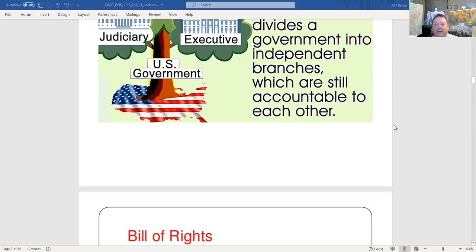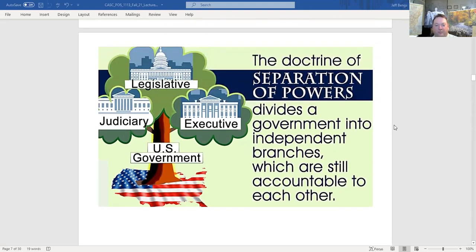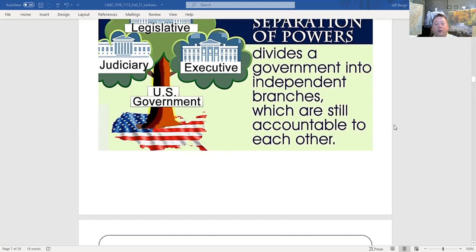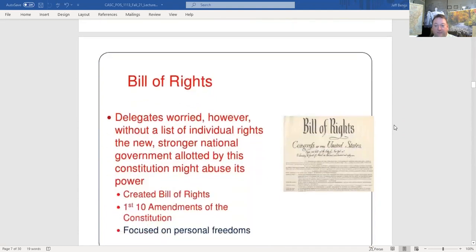One of the criticisms of the new Constitution, a criticism of the Anti-Federalists, was that this gives too much power to a central government, and they will trample on the individual rights of citizens. So there was a call for a Bill of Rights.